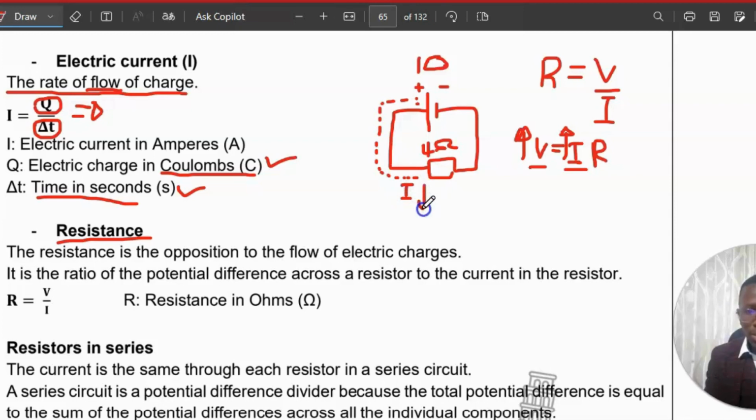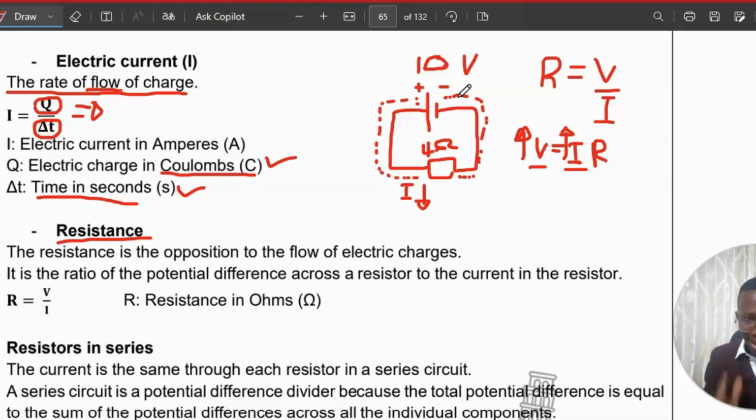The current will go down due to the resistor, because it's decreasing the flow of the charge. It's making it flow slower. If you increase the resistance, you're basically decreasing the speed of the charge. But if you increase the potential difference, or the energy required to move a charge, you're increasing the speed of the charge, which is the current.